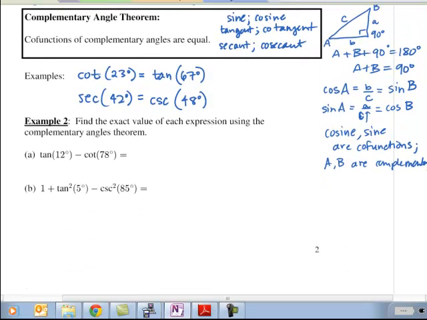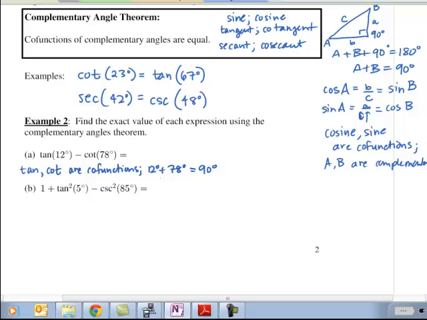So we should be able to use that idea to simplify some of these values. So if I have tangent of 12 minus cotangent of 78 degrees, what we want to notice is that tangent and cotangent are cofunctions, and 12 degrees plus 78 degrees is 90 degrees.